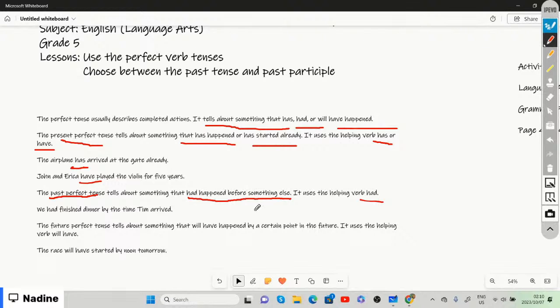For example, we had finished dinner by the time Tim arrived. That is the past perfect tense, and it tells us about something that had happened before something else.